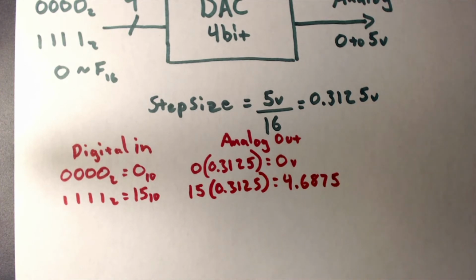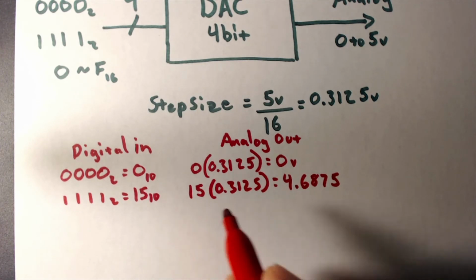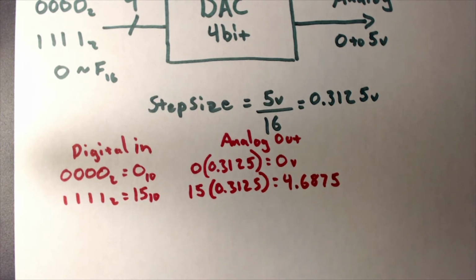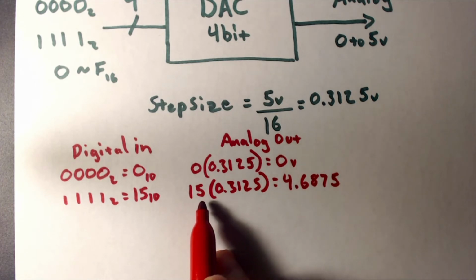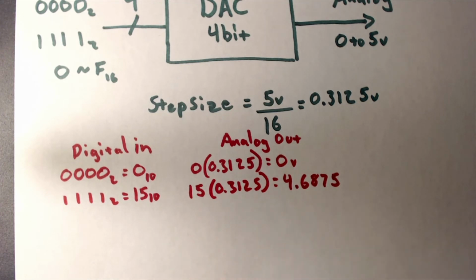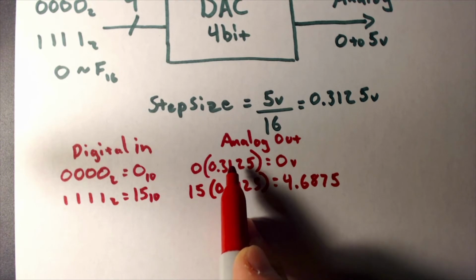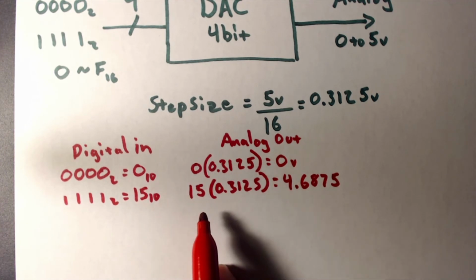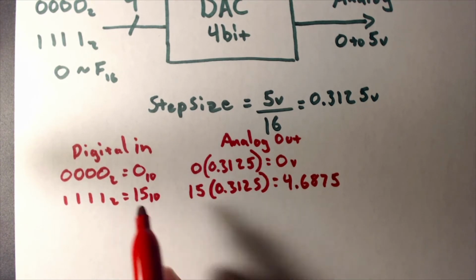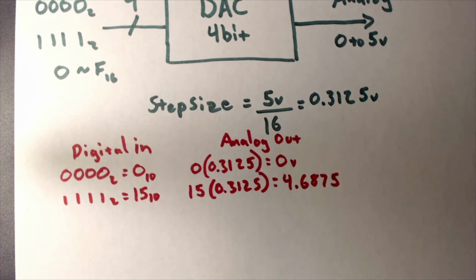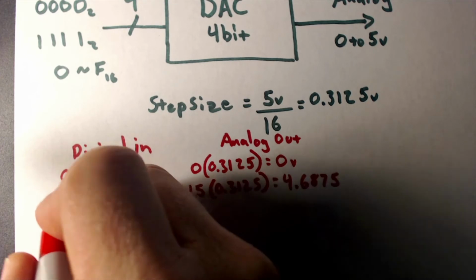Don't worry that it's not 5 volts. Each converter actually behaves a little differently at the highest value. Some DACs might give you 5 volts, other DACs give you 4.6875. Kind of depends on the topology. But let's just keep it simple and take the step size, multiply that by the decimal equivalent of your digital input.